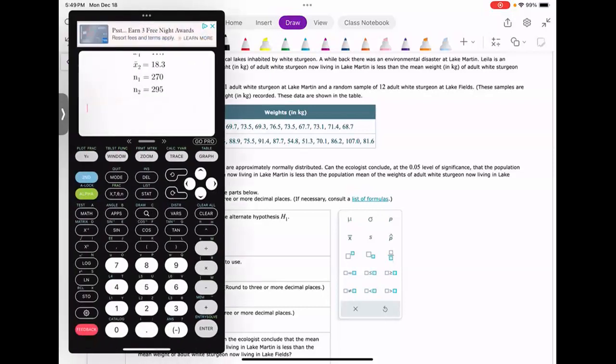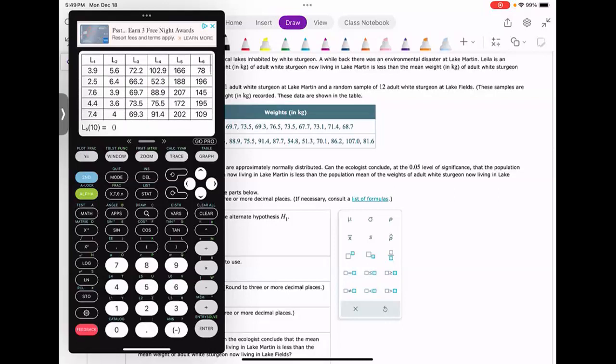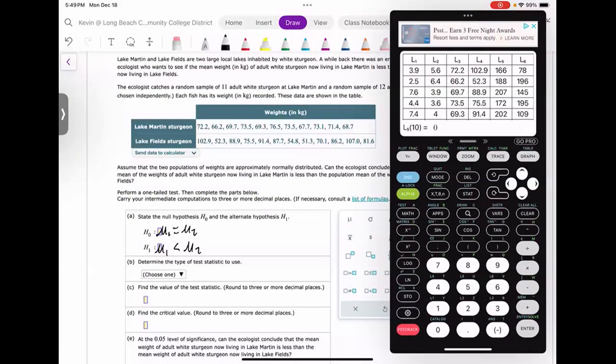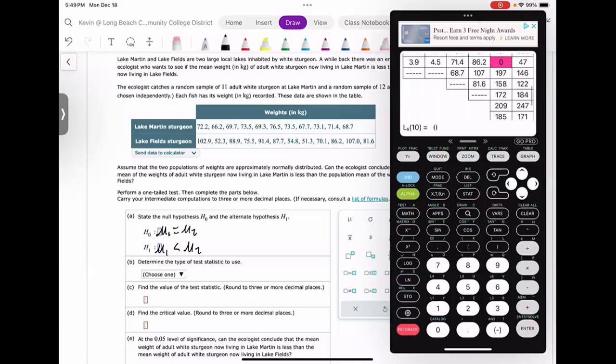I've put this data into lists 3 and 4. And you can see my 72.2, 66.2, and the 102.9 and the 52.3. I'll have to double check that one because that one's not zero when we get to that.